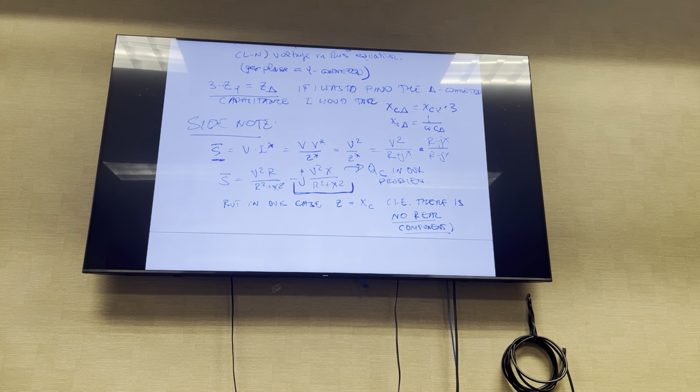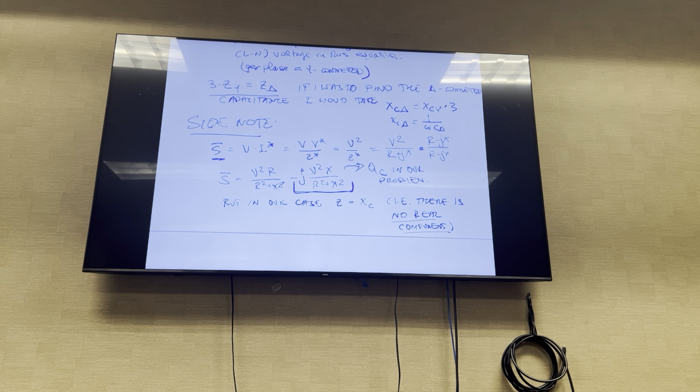Yep. For this 3 times change with the delta Y configuration, this is valid for impedance but it's not valid for voltage sources, correct? For the voltage sources, it is not correct, absolutely.